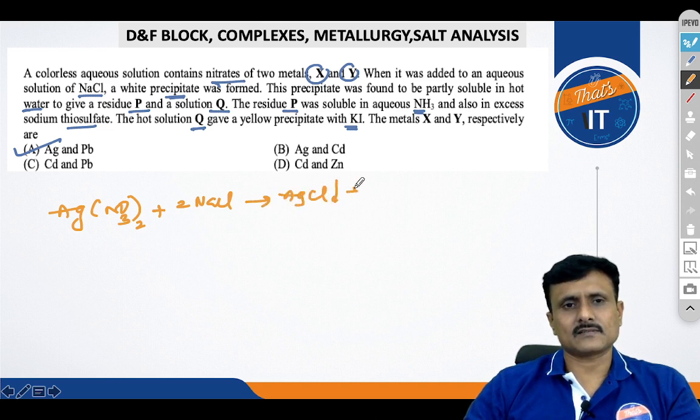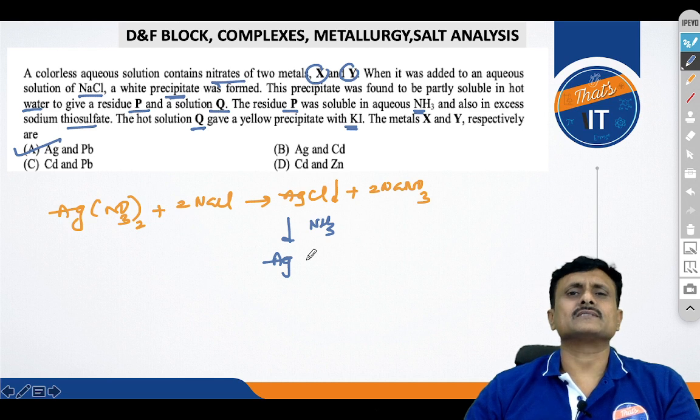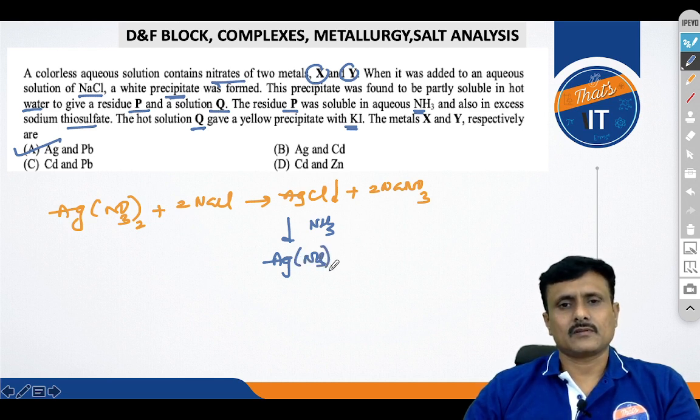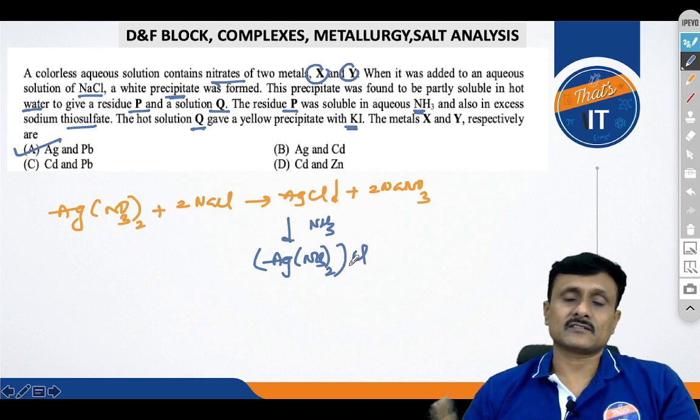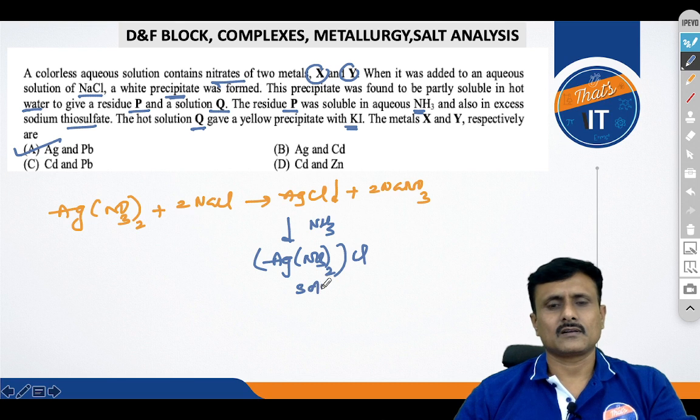AgCl. You know that AgCl is soluble in ammonia, but not AgI. Remember this: AgCl is fully soluble in ammonia, AgBr is sparingly soluble, AgI is insoluble. So this is soluble in ammonia.